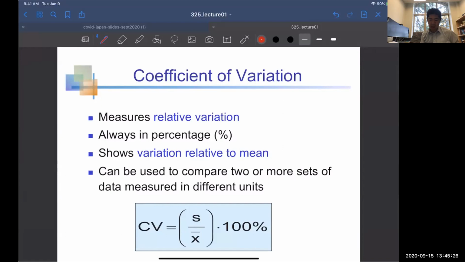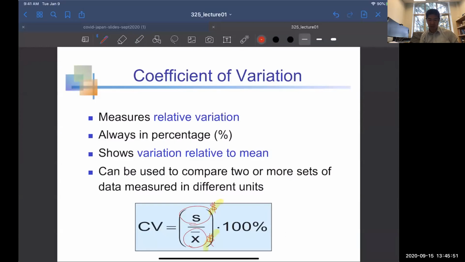What is this? Well, you have the standard deviation as a measure. If you're computing the standard deviation of household income, the unit is dollars. You divide it by the sample mean, which also has the dollar unit, and the dollar unit is going to be canceled out.